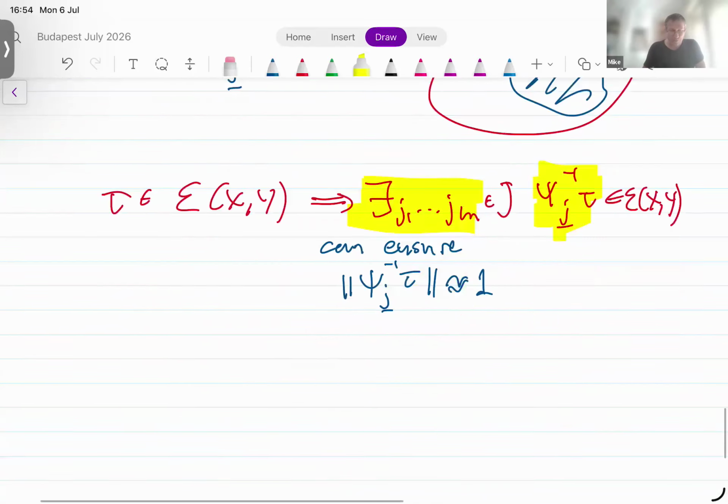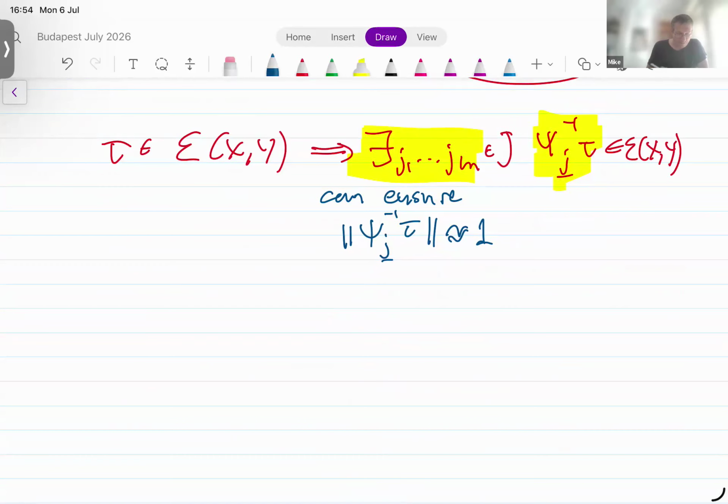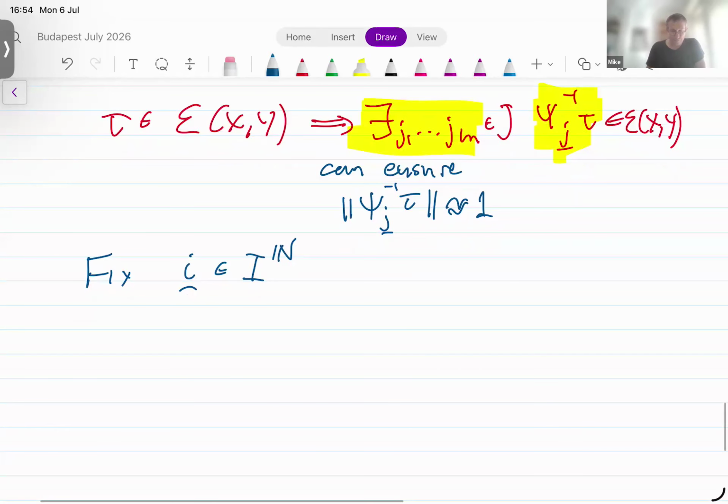And we can combine these two operations. The standard thing that you do is you fix an infinite sequence of indices I, and you look at longer and longer prefixes of them.